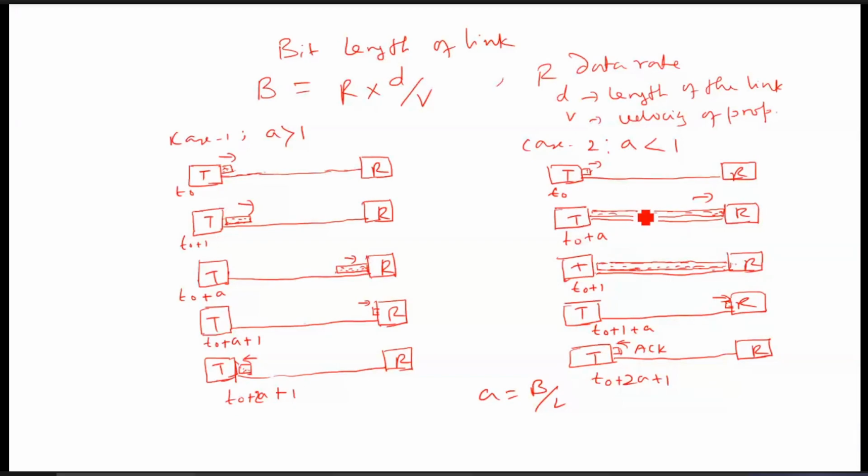That means the first bits of the frame will arrive at the destination before the source completes the transmission of the frame, right? In the case of A greater than 1, it will complete the transmission of the entire frame before the leading bits of the frame arrive at the receiver. You see it here. When the leading bits of the frame arrive at the receiver, the sender has completed the transmission, right?